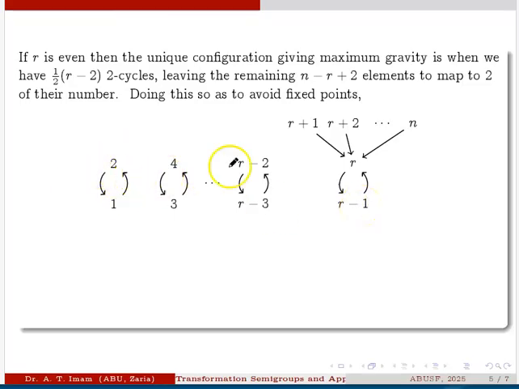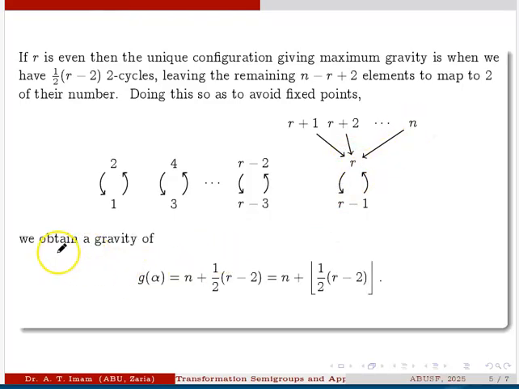So you just have to form 2-cycles in this way, (r minus 2)/2 of them, and then you will have the remaining last 2 points of the image map to themselves, and the other points that are not in the image will map to one of them, say r here. And this will give us a gravity of n plus the number of cycles here minus 0 because there is no fixed point here, and this is still giving a gravity as the required formula.